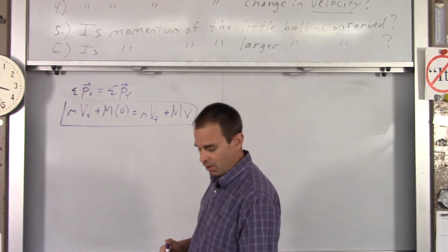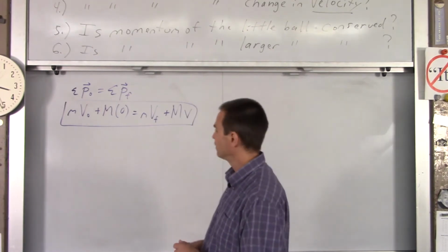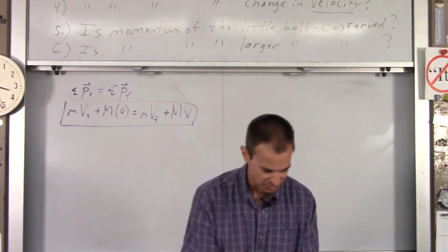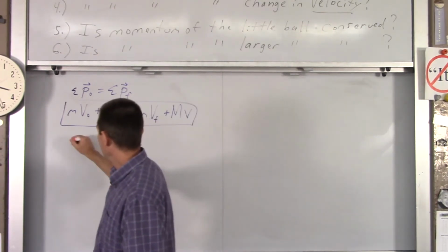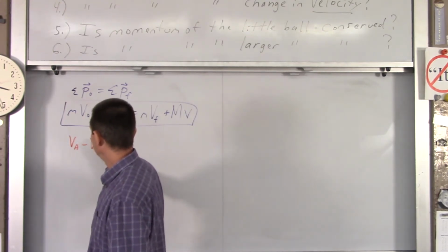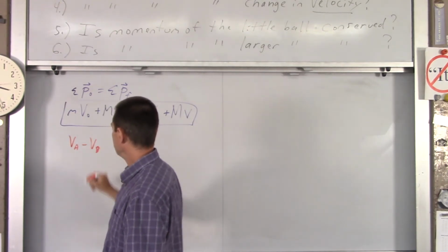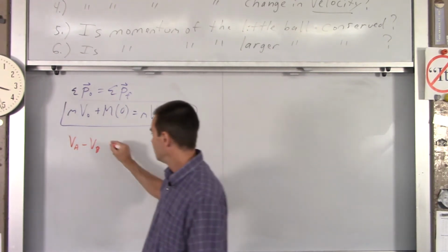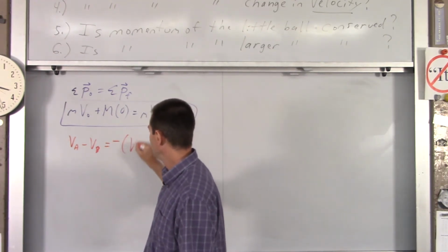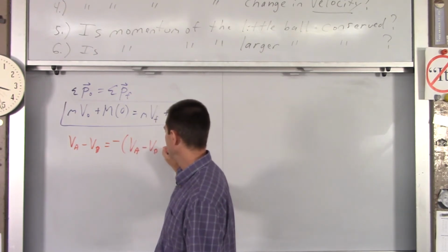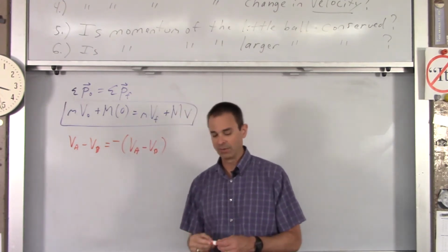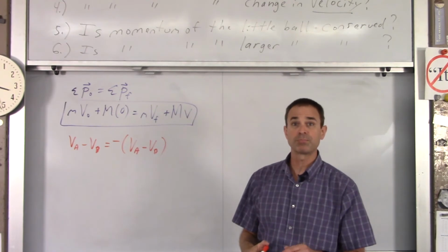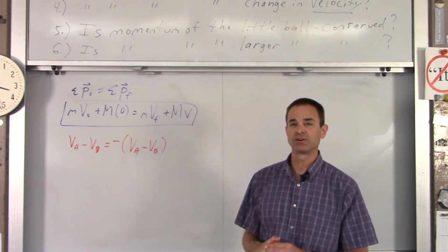Well, for perfectly elastic collisions, you know the following relationship. We know that VA minus VB, the difference in their two velocities before they collide, is equal to negative VA minus VB after they've collided. Now, this equation only works for perfectly elastic collisions.